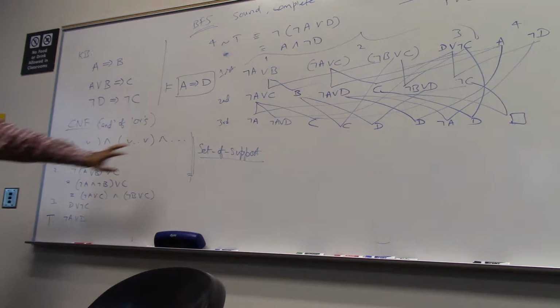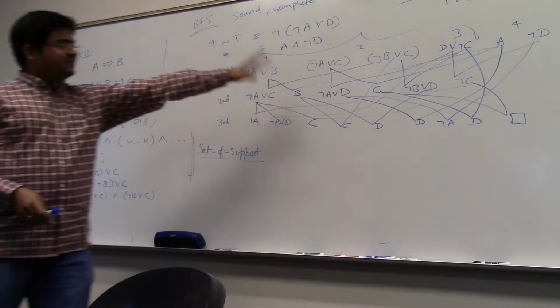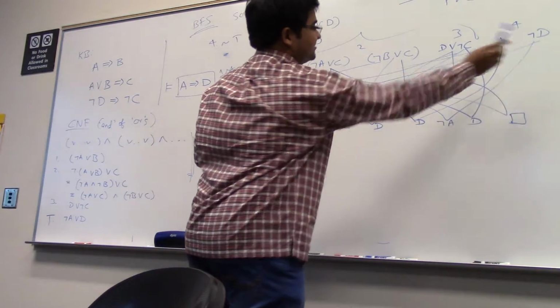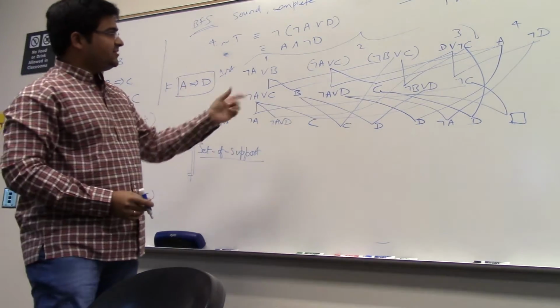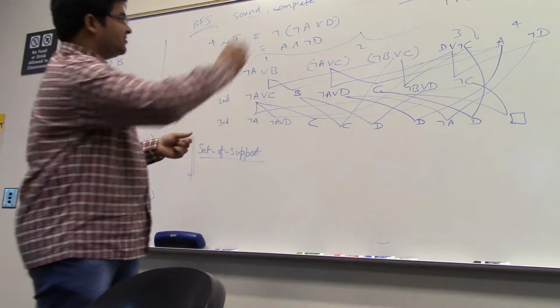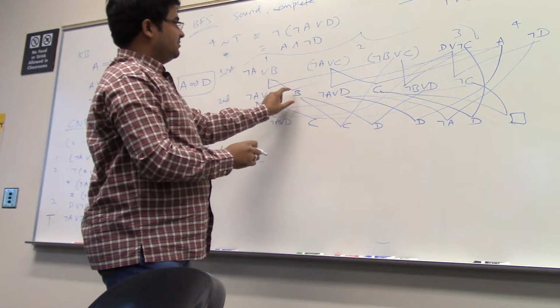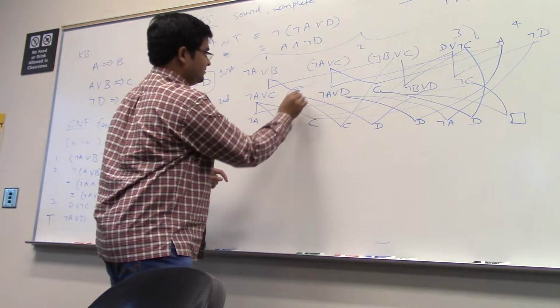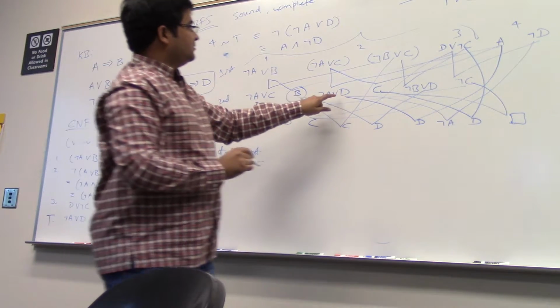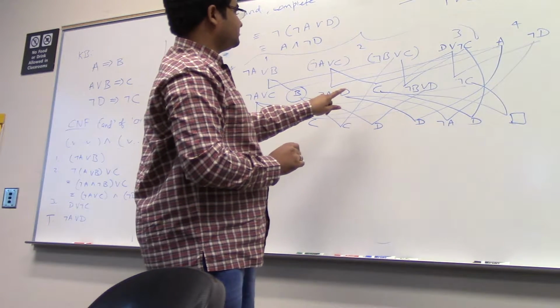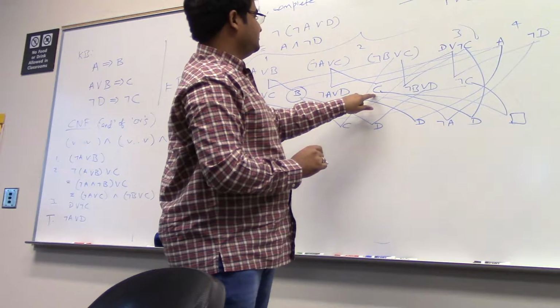So this is the new method. Don't do everything, just do the ones involving this and this. So we'll just try to identify the ones which involve those, not this. Yeah, this is the one. This will be there. What else? This one won't be there. This one will be there.